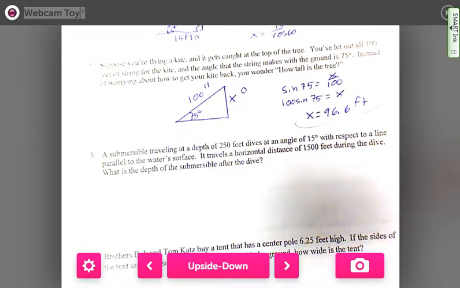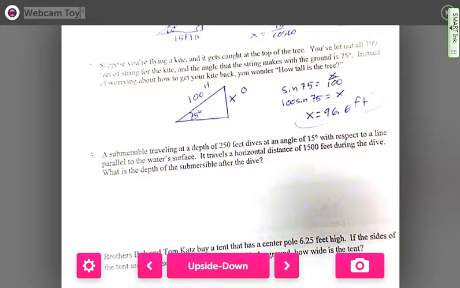It travels a horizontal distance of 1,500 feet during the dive. What is the depth of the submarine after the dive? Okay, so I don't want you to do that one on your own. I want to talk about what this looks like before we do that.